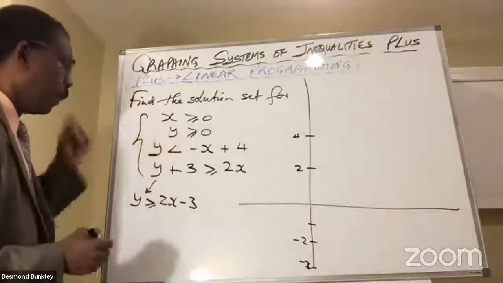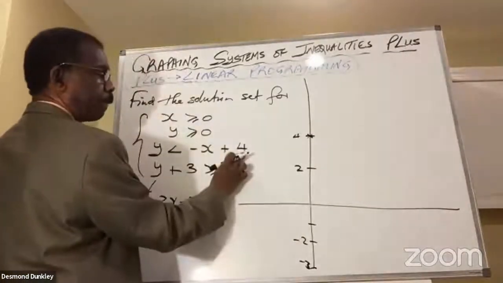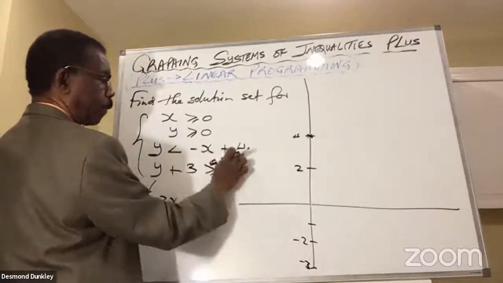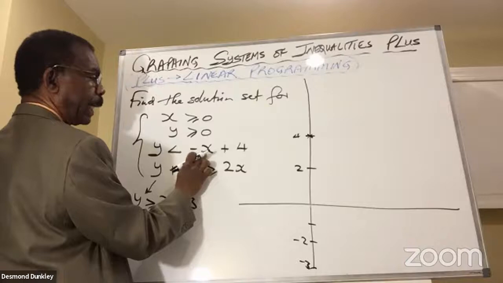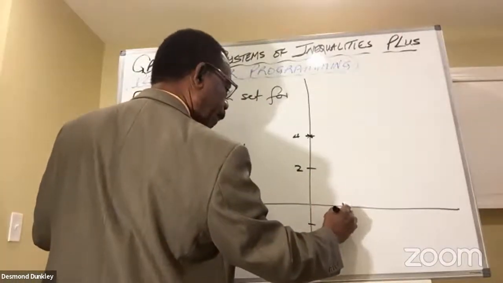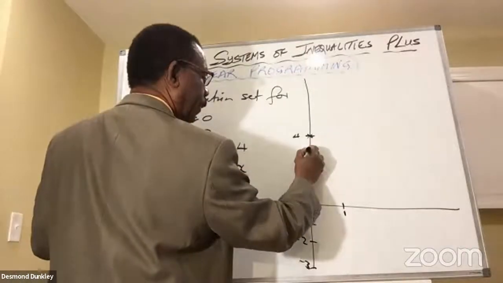Okay, here we go. So the first one, the y-intercept is 4. When x is 0, y is 4. And then the slope is negative 1, which means that if I go across 1, it's going to go down 1, so it's going to go down to 3.